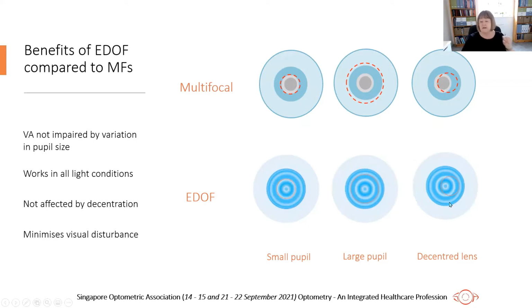Not only does this minimize visual disturbance, but it helps to reduce chair time as well, because it works in all of these situations. You're not having to look at perhaps changing your multifocal lens design, changing the fit, which often means changing brand because you've only got one base curve and diameter. So this really is the major benefit of going for this type of extended depth of focus lens.